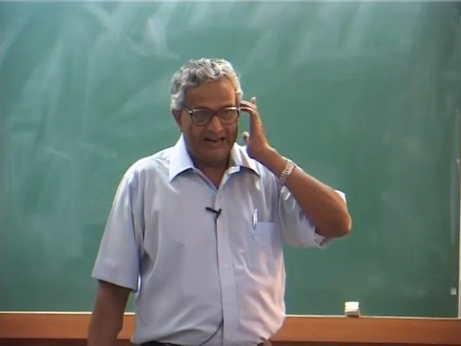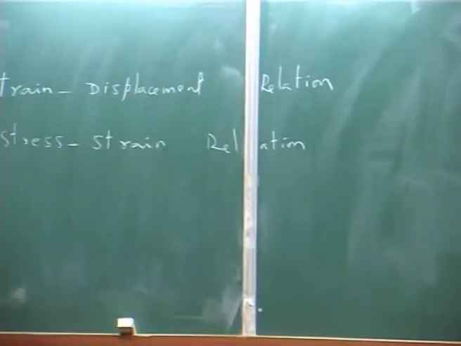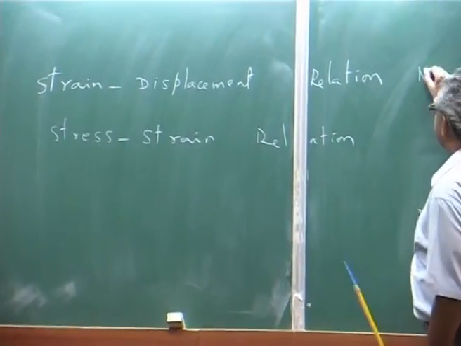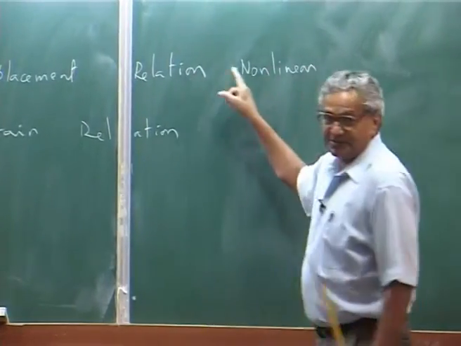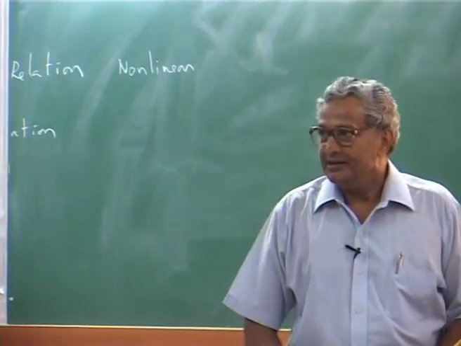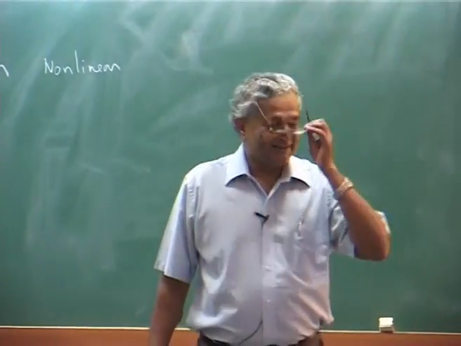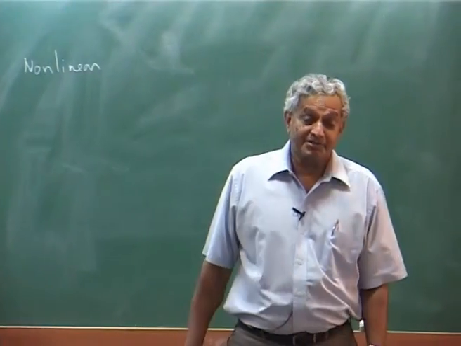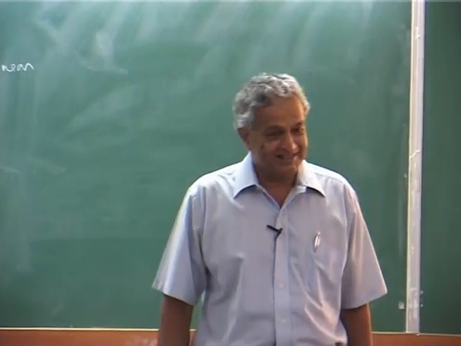And this is the nonlinear expression. If you take only the linear term, you will find that you will not be able to get the proper representation of the rotating beam. So, that is the key.